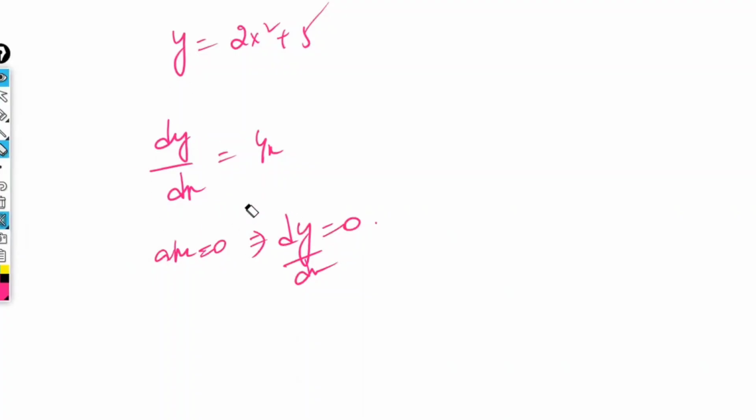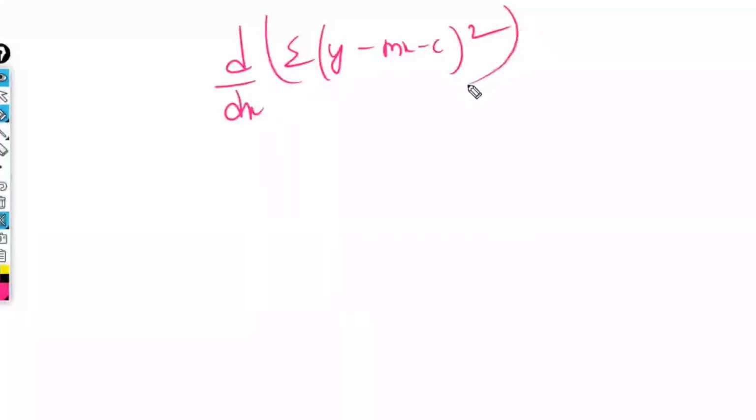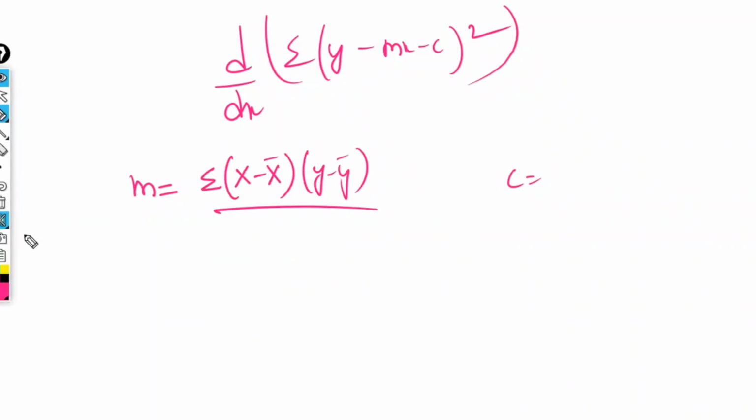So here my equation is the sum of y minus mx minus c whole square. I am doing the differentiation d by dx on this equation. After applying the differentiation, I have got the m value and the c value. The m value is sigma of (x minus x bar) into (y minus y bar) divided by sigma of (x minus x bar) whole square.